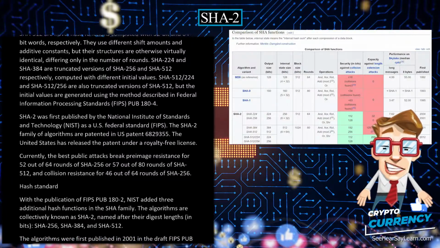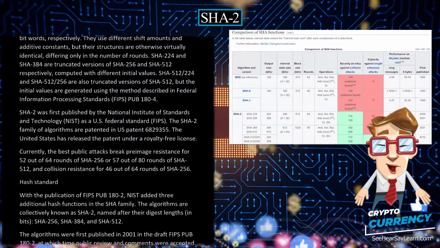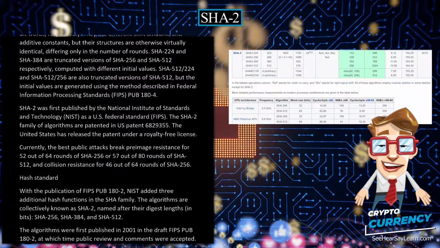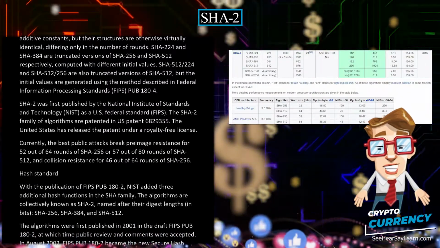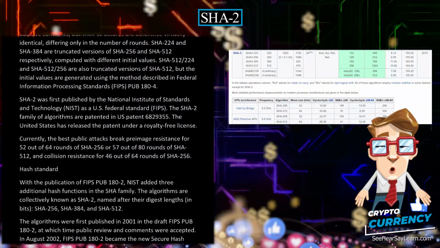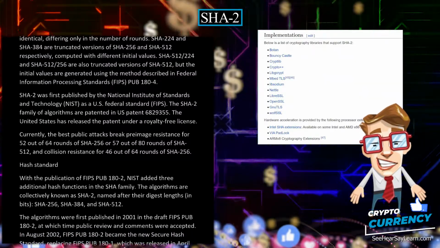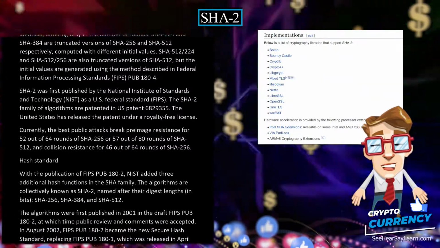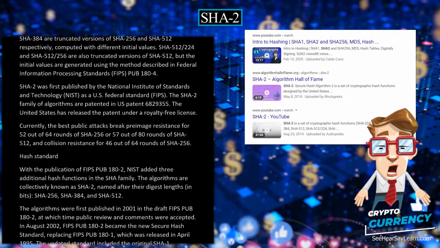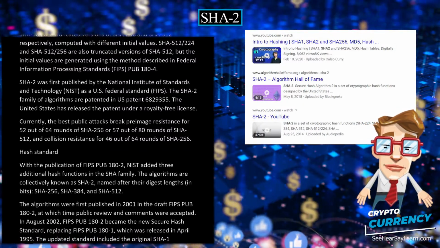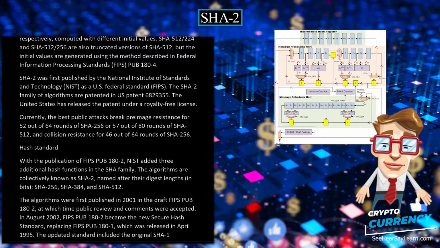SHA-512/224 and SHA-512/256 are also truncated versions of SHA-512. But the initial values are generated using the method described in Federal Information Processing Standards, FIPS, Pub 180-4.